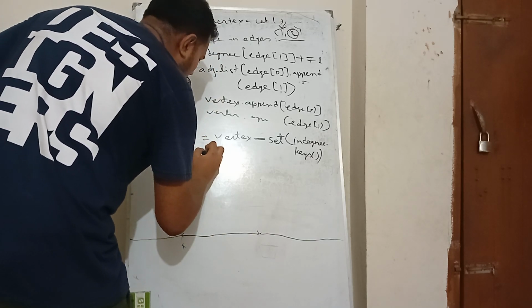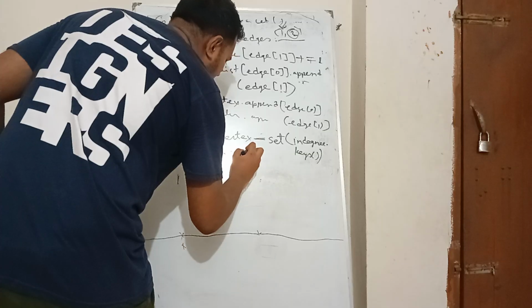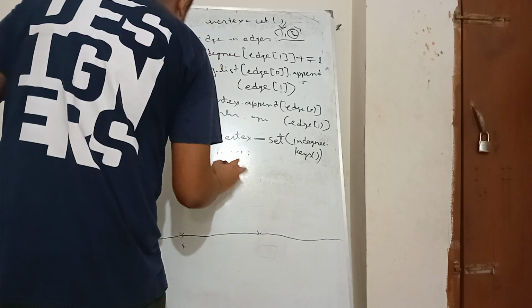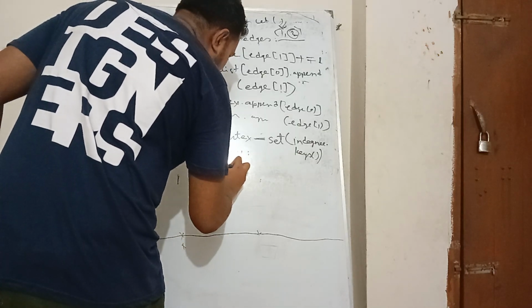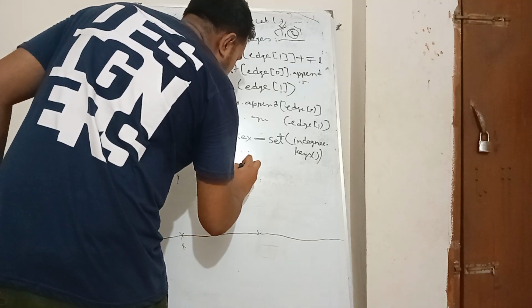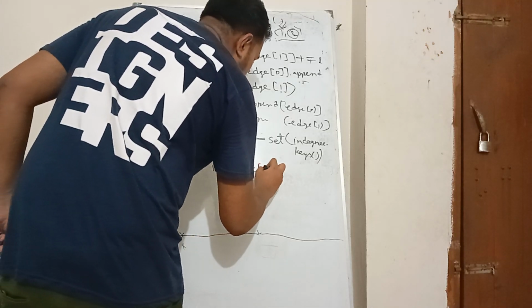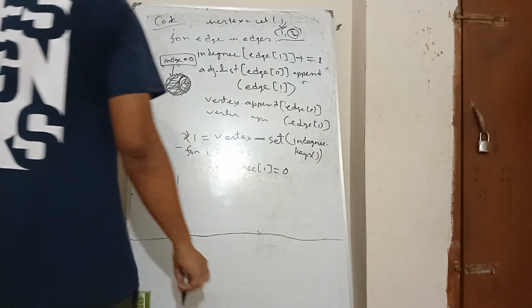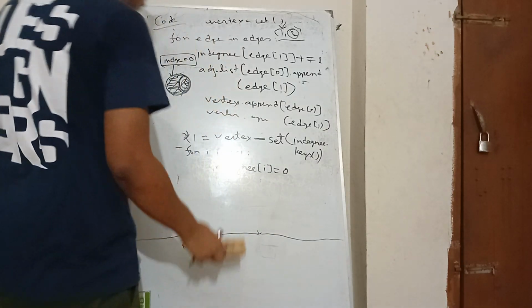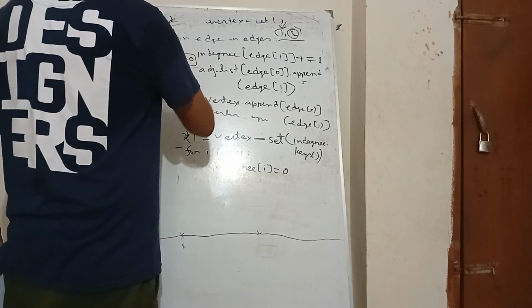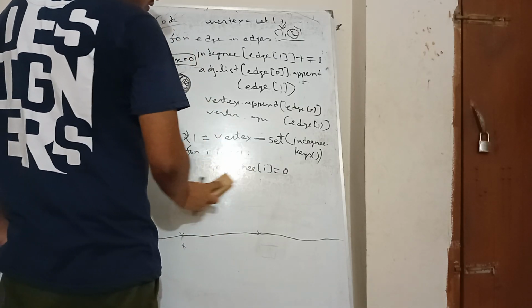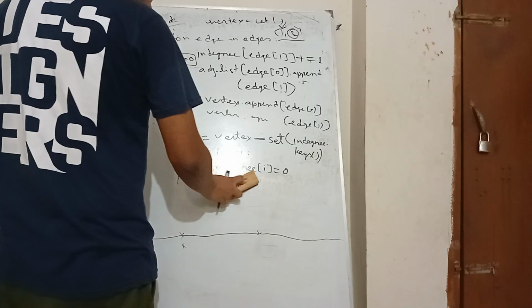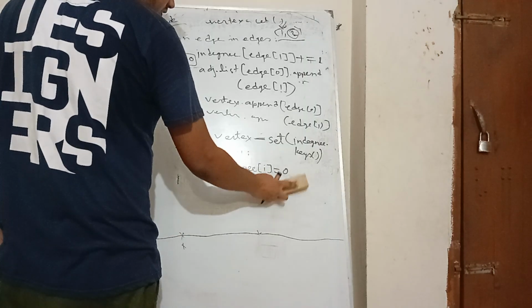For i in x1, in degree i equals 0. So we found all the in degrees including 0.